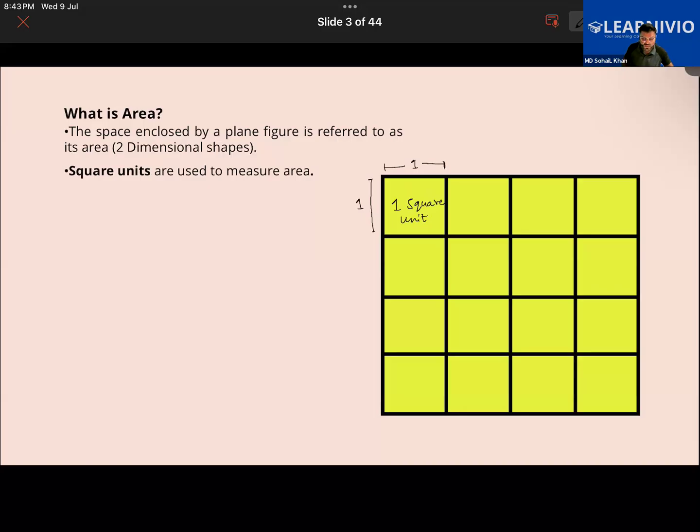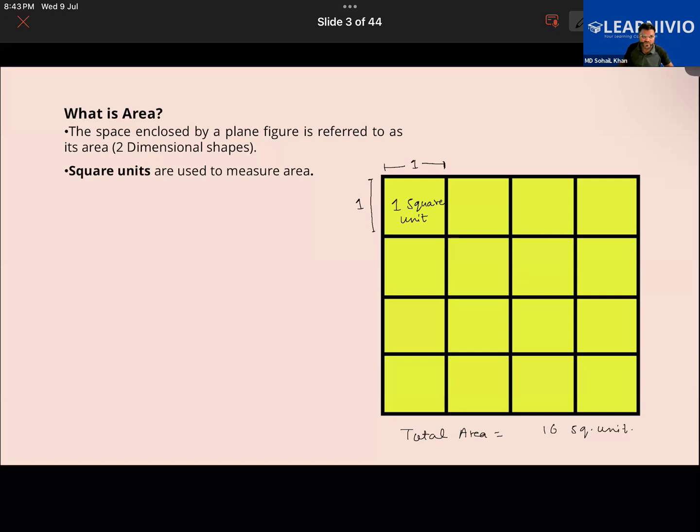Then how many such squares are there in total? 1, 2, 3, 4. 4 multiplied by 4. How many squares are there here? 16. So the total area of this 2D figure will be 16 square units.